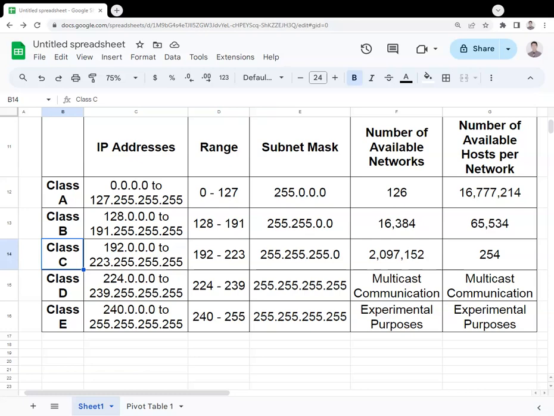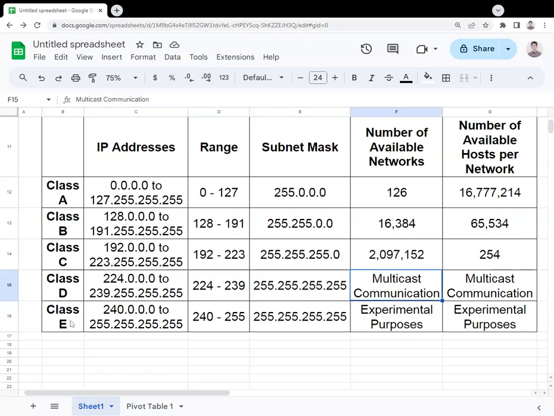Examples of multicast communication are multimedia streaming, video conferencing, online gaming, and certain types of data distribution. So that's all for Class D.